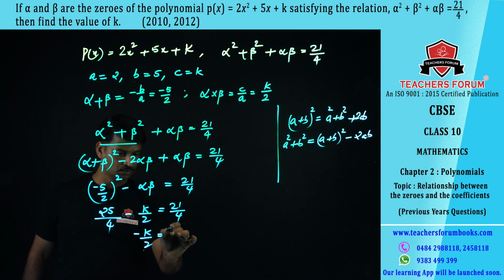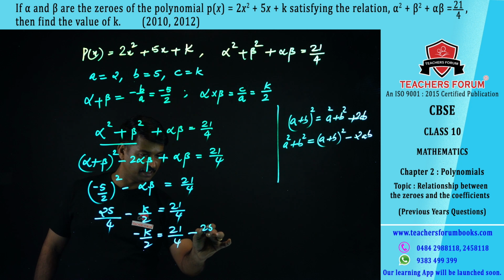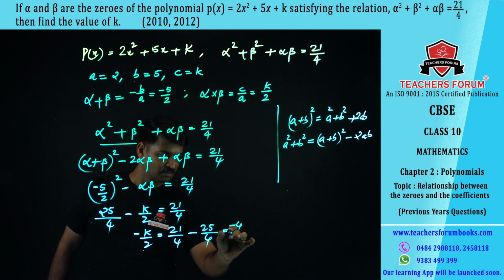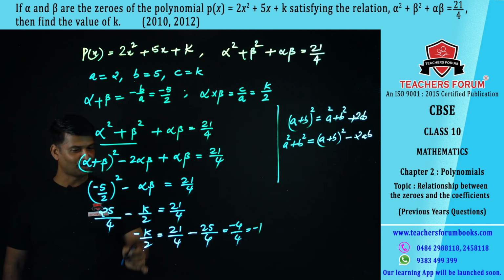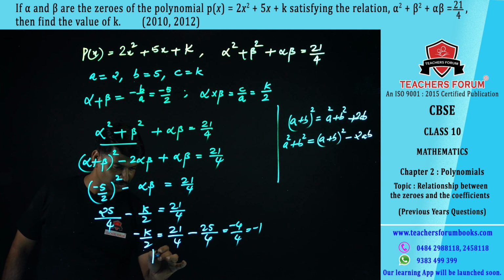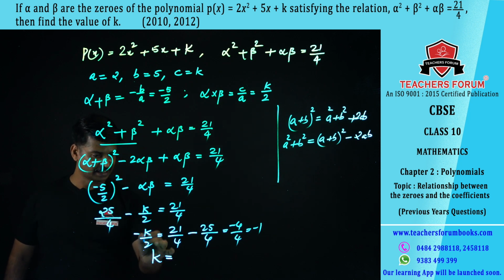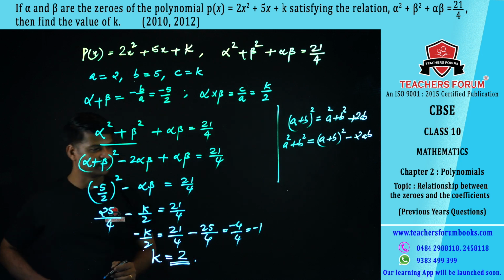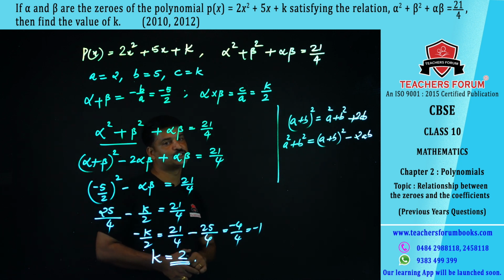Minus k by 2 is equal to 21 by 4 minus 25 by 4, that is minus 4 by 4, that is minus 1. Now the minus gets cancelled, then you will get k equal to 2 into 1, that is 2. So here the value of k is 2.